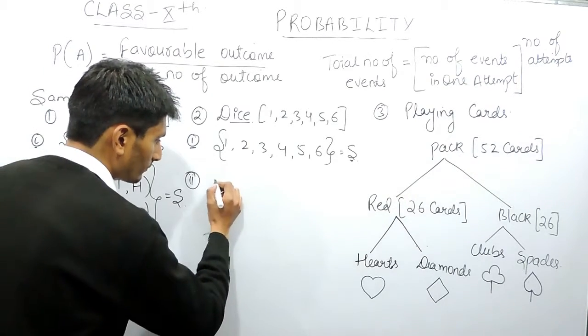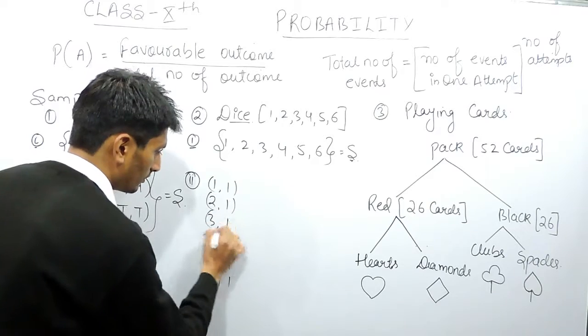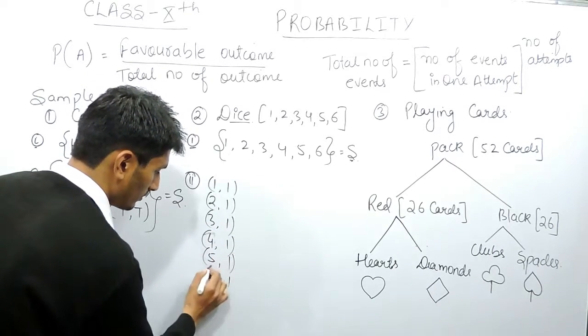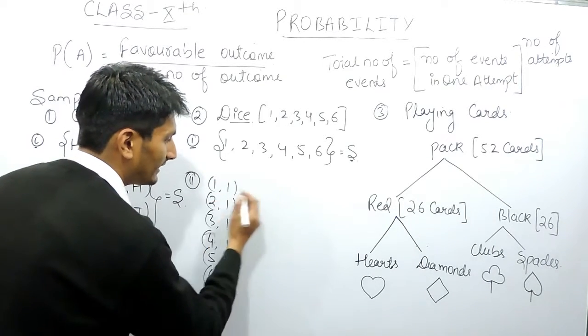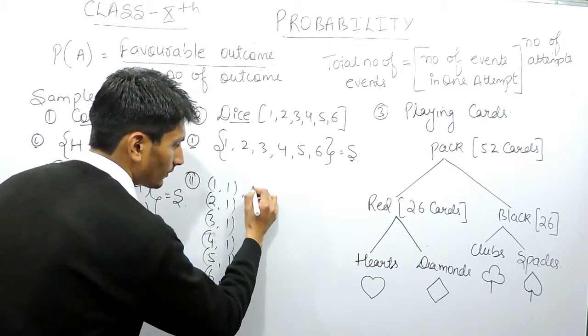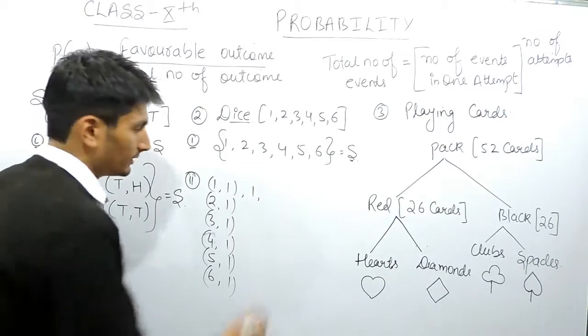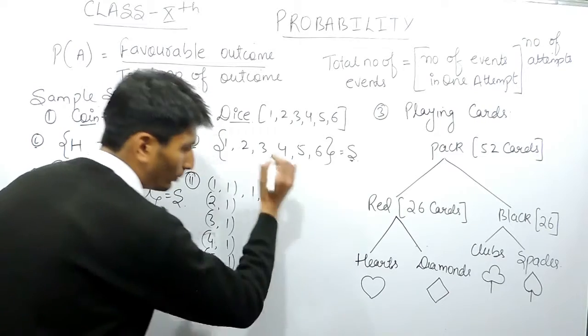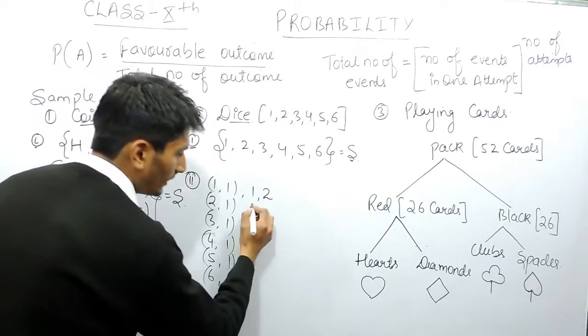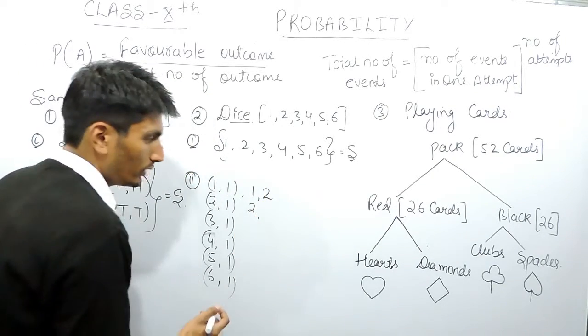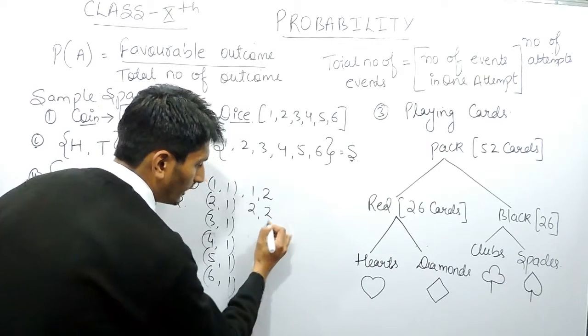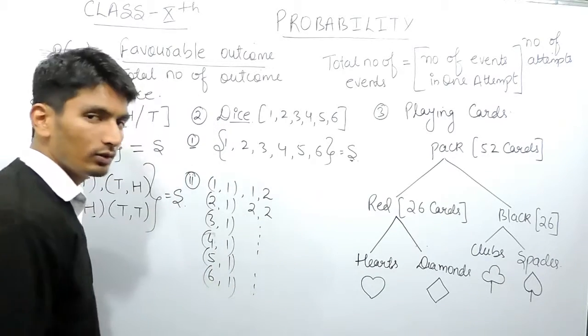Similarly, in the second case, 1 might come in the first dice and 2 in the second dice. Then 2 and 2, and this continues.